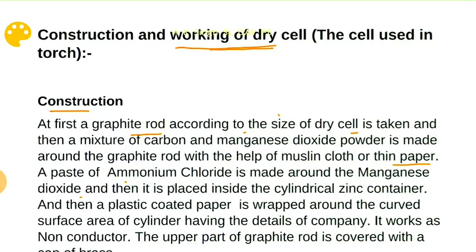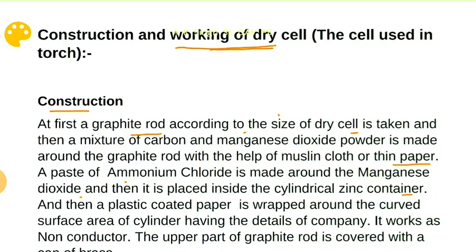This rod with manganese dioxide, carbon and paste is placed inside the cylindrical zinc container, and then a plastic coated paper is wrapped around the curved surface area of the cylinder.